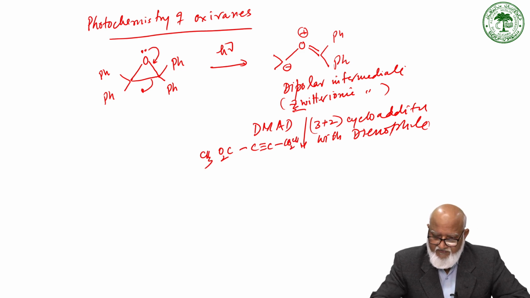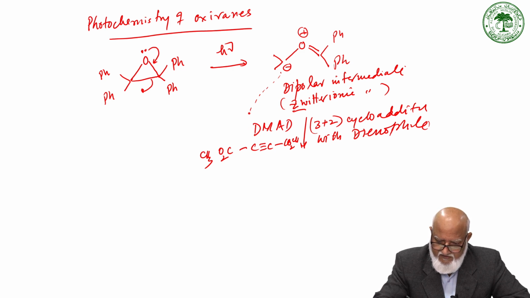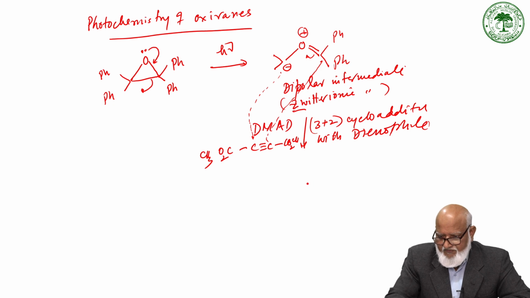So this can add, attacking this acetylene bond, and what we end up with is a five-membered ring.